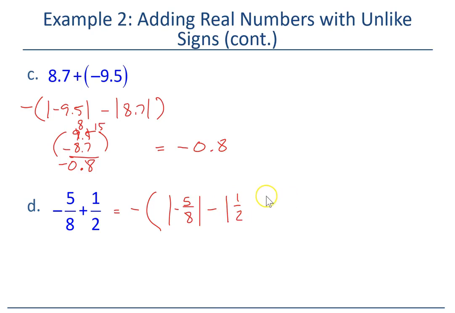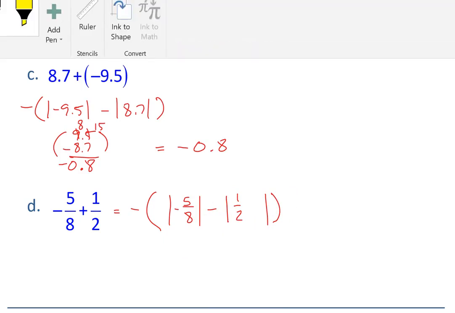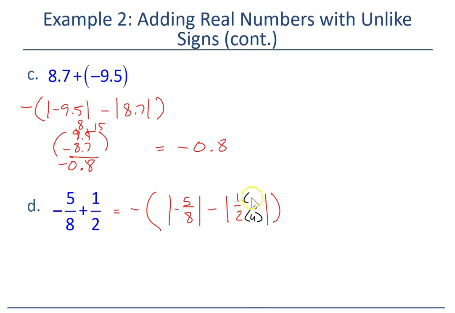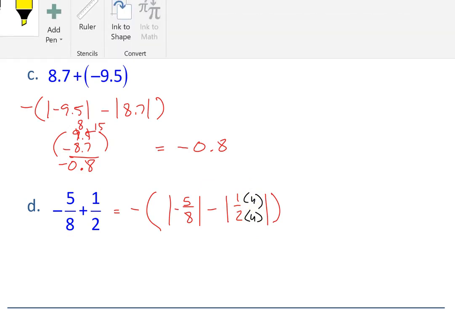I'm going to leave myself just a little bit of room right here when I put that absolute value there, because notice I don't have a common denominator here. So I'll come in here and grab my black. Notice I'm going to have to multiply everything here by 4, that way I get a common denominator. Let's go back to my red.